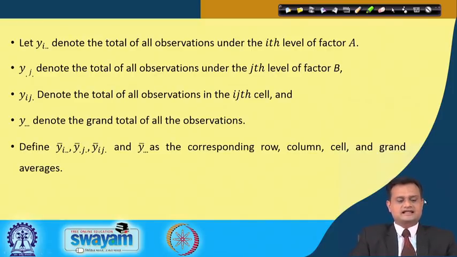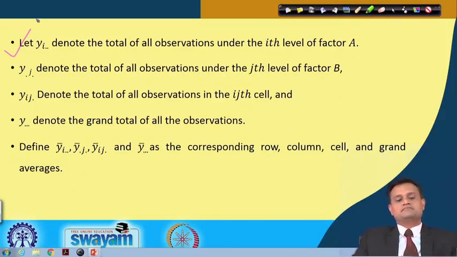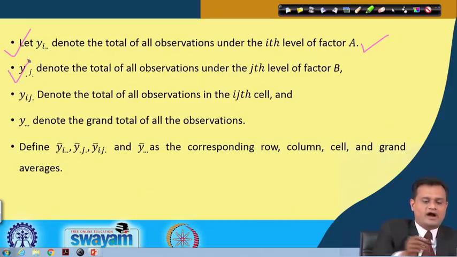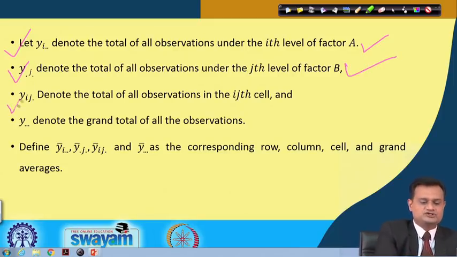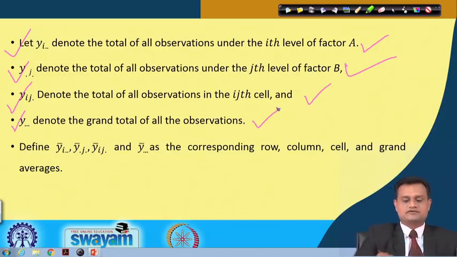So the statistical analysis of the model is like this: yi triple dot, basically denotes the total of all the observations under the ith level of factor A. You have y dot j dot, denoting the total of all the observations under the jth level of factor B. You have yij dot, denoting the total of all the observations in a particular ijth cell, and y triple dot denotes the grand total of all the observations.